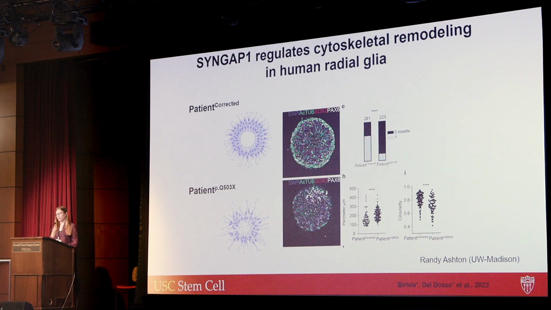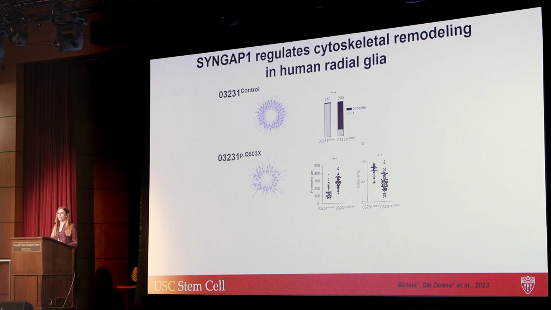And what we could find, and you see here from the staining, is that with the patient progenitors, we couldn't see the formation of this single ventricle or single rosettes, that instead we really see very well organized and formed within the corrected lines. So really suggesting that the haploinsufficiency for SYNGAP is affecting radial glia scaffolding.